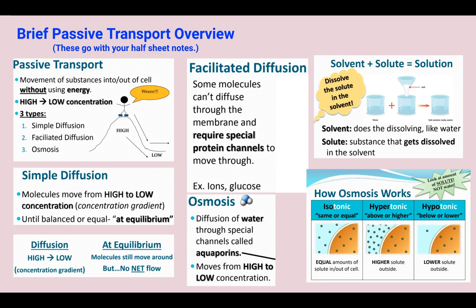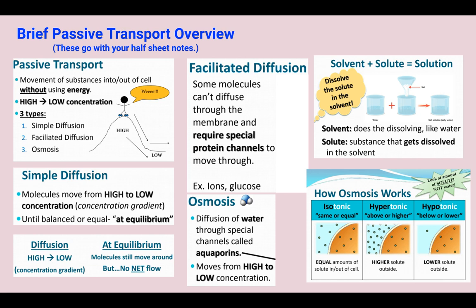So here's the complete overview. This goes with the half sheet of notes from my kiddos. So for passive transport, we're talking about the movement of substances that are going into and out of the cell without using any energy. Previously, we talked about how the cell membrane helps to control what moves in and what comes out of the cell. It's selectively permeable, it gets to choose what things are entering and what things are exiting.